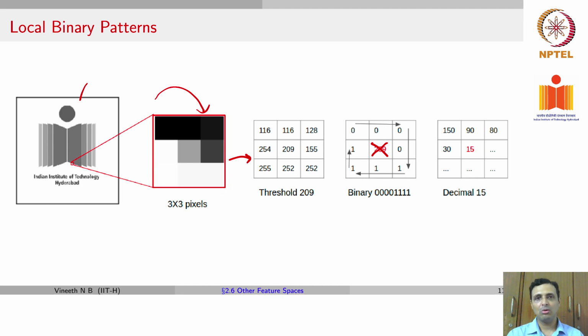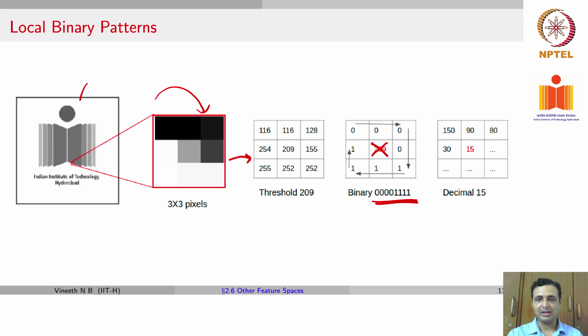That now gives you a binary pattern around the central pixel. Once you define a canonical representation, which means you say I'll start at the top left and then go in a circular manner, you can define a binary representation for this particular pixel. So once again, I'll repeat that.